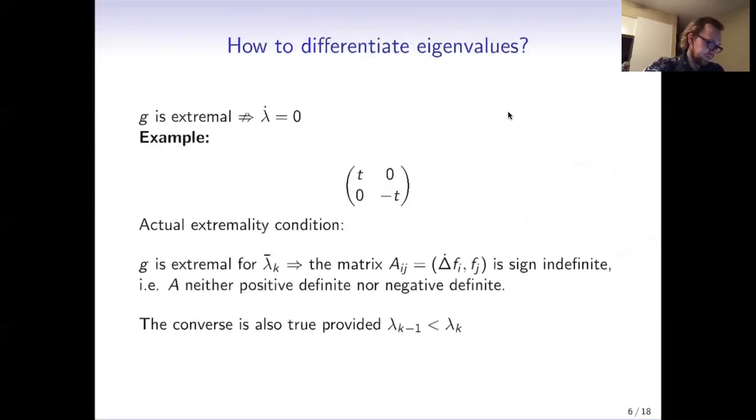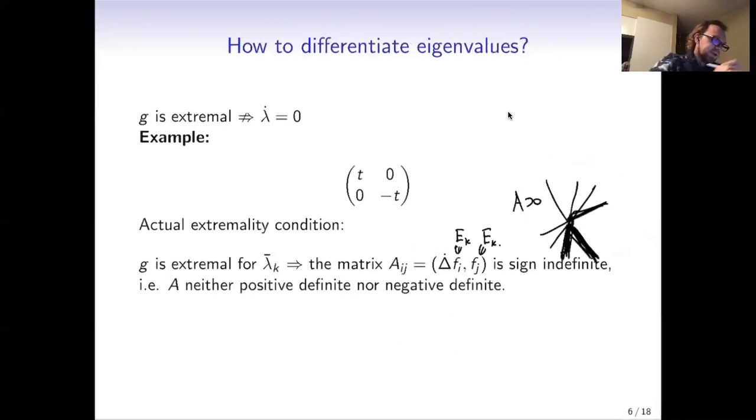Let me elaborate on this point a little bit. If you're looking at the first eigenvalue in this cluster, then this is enough: the fact that A is sign indefinite is enough to guarantee extremality. But if lambda k minus 1 equals lambda k, then you could have been looking at this one, and then sign indefiniteness of A itself is not enough.